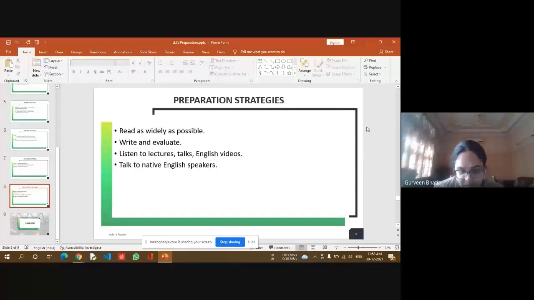Make it a habit to read the English newspaper every day, because it is through this only that your vocabulary will improve. In case you come across difficult words, you may refer to Google, or you may refer to the dictionary, right? Then you should write and evaluate yourself. Write down and evaluate yourself, whether I'm going right or wrong. You just need to improve yourself day by day.